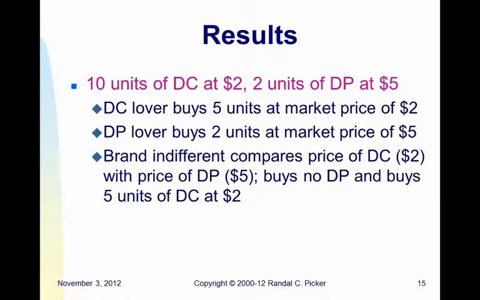Which means at the end of the day, we can sort of summarize our purchases here, where we're going to have a total purchase of Diet Coke of 10 units of Diet Coke at a price of $2, assuming I've got one of each type of consumer. Obviously, a more complicated example, I have different types of consumers, but assume I've got one of each type of consumer. 10 units of Diet Coke purchased at a price of 2, and 2 units of Diet Pepsi purchased at a price of 5.